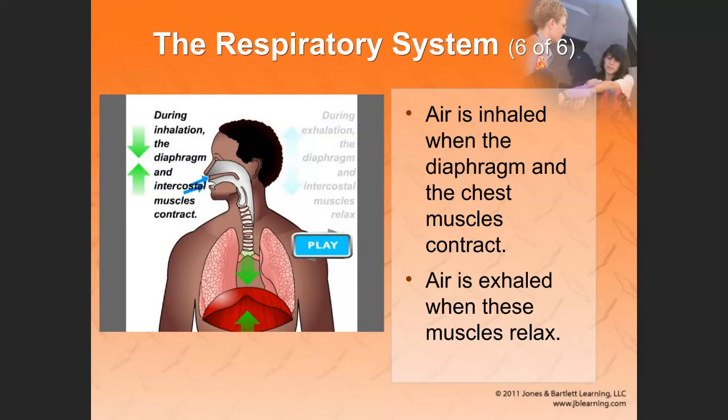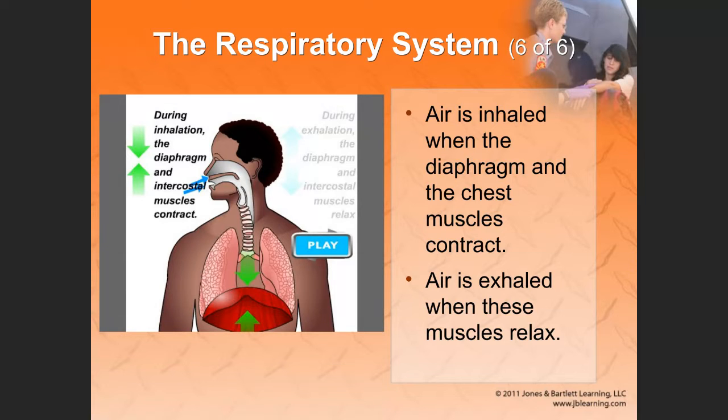Once you hear the term active, it means that muscle use is required. So when a patient is breathing in, muscles contract, specifically the diaphragm and intercostal muscles. When a patient exhales, the muscles relax, specifically the diaphragm and intercostal muscles. What is the importance of this?